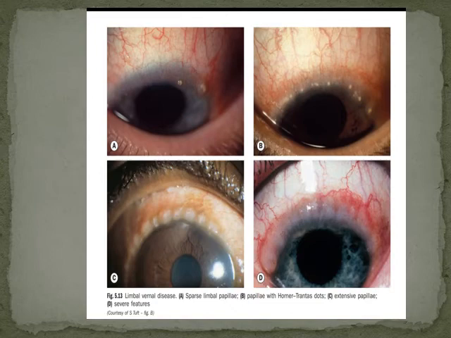Here you can see limbal papillae present, and in the B image you can see the Horner-Trantas dots, as I said. In the third image there are extensive papillae, which coalesce in the severe stages. Image D is the severe form of the bulbar form of vernal keratoconjunctivitis. Also there can be a mixed form.